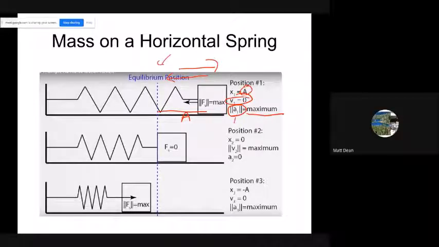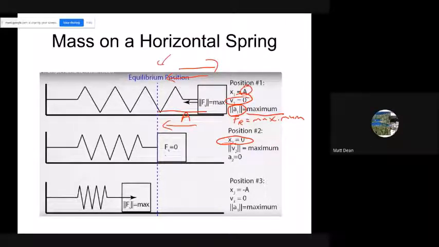So we could say that at this maximum displacement, the restoring force is also at a maximum. As we let it go, the object moves back toward equilibrium. When it gets to the equilibrium point, its displacement is 0.